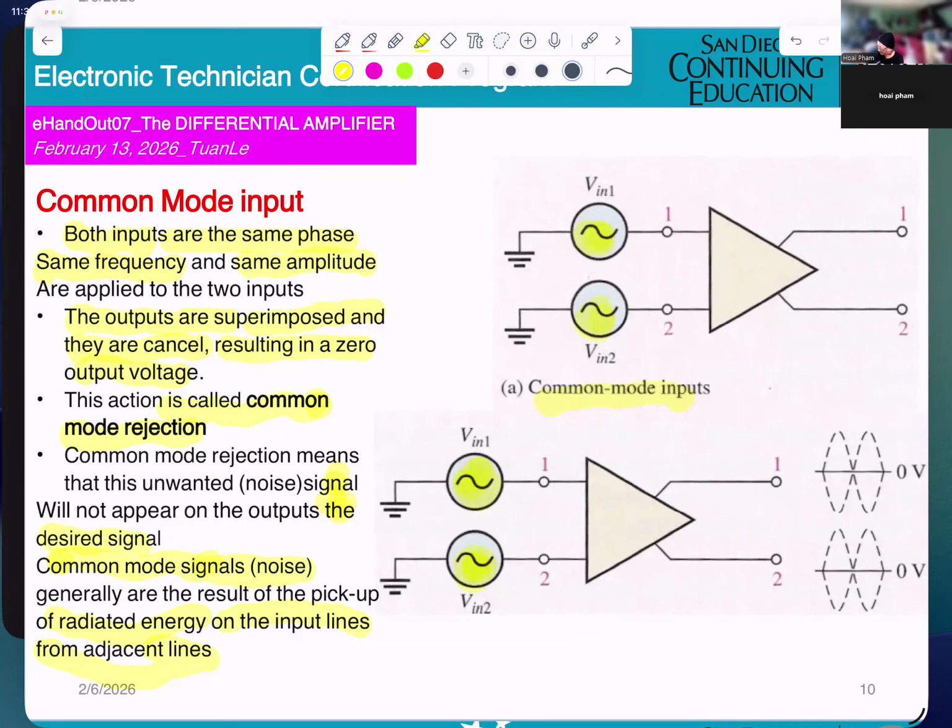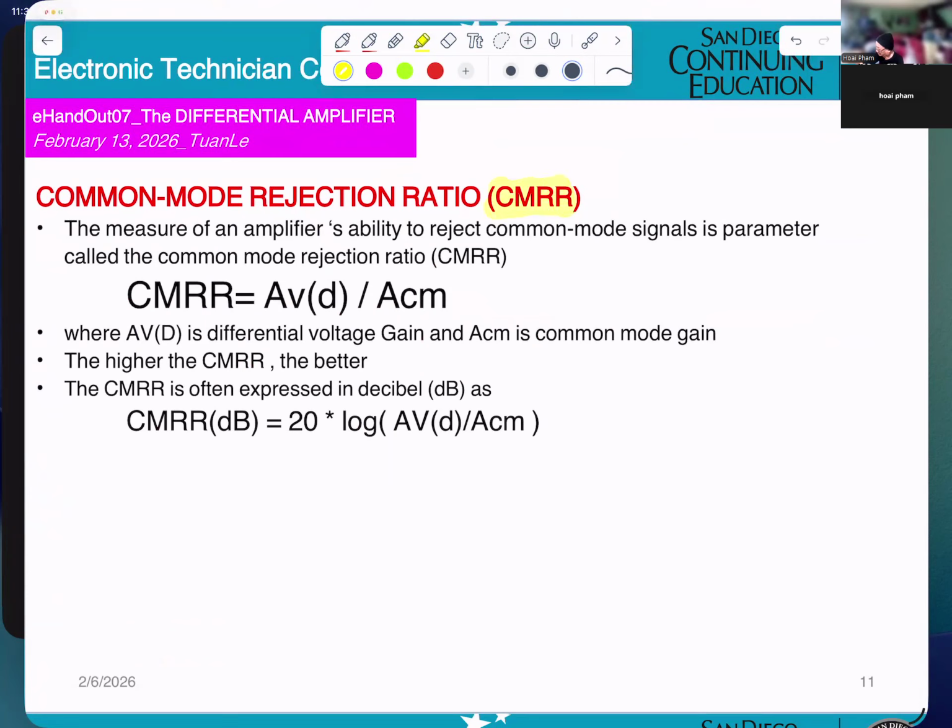Common mode rejection ratio, CMRR. The measure of an amplifier's ability to reject common mode signal is a parameter called common mode rejection ratio, CMRR.